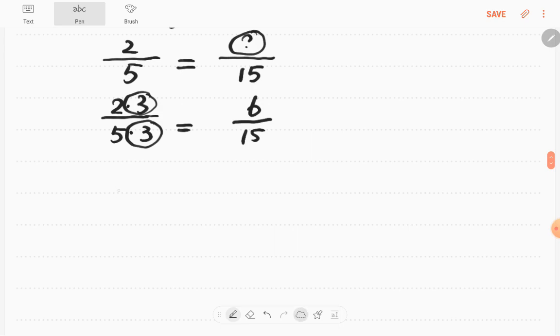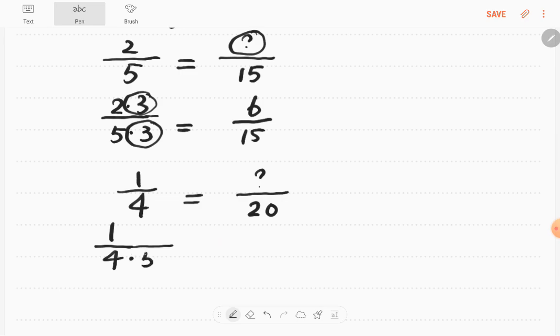We can try another one. This time we want to write 1 over 4 as an equivalent fraction with a denominator of 20. So how can we get 20? We only need to use 4 times 5. Then we can get 20, right?